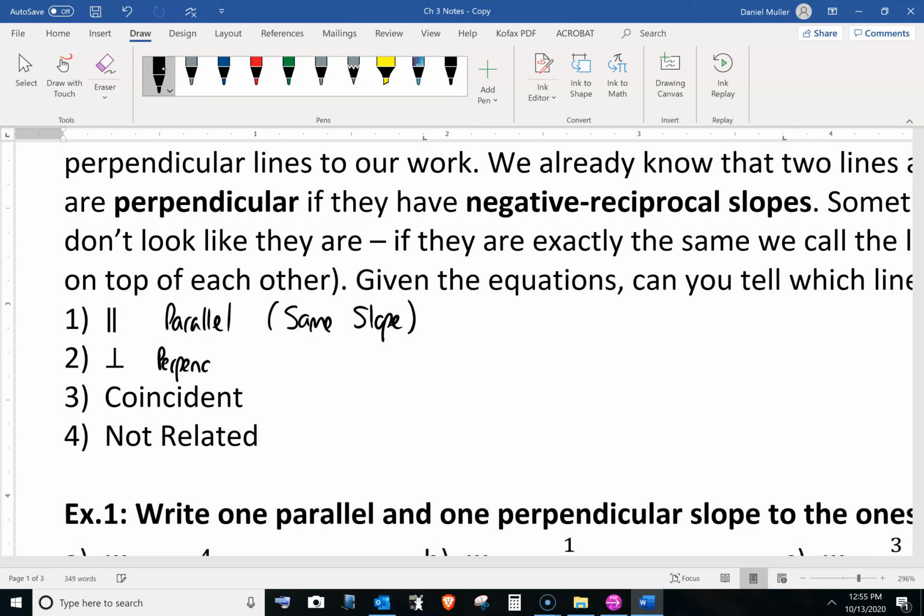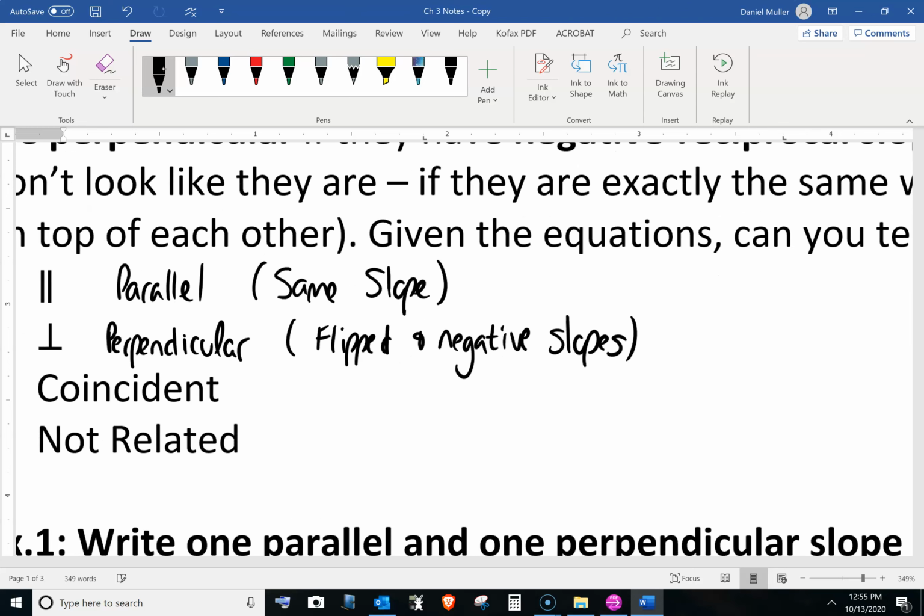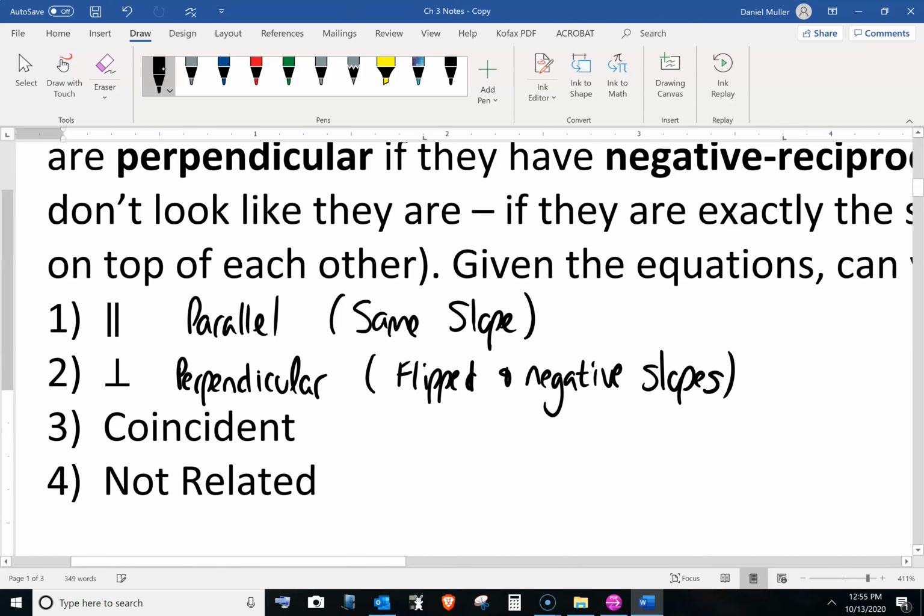It creates a 90-degree angle. Perpendicular. That's where it's the flipped. I don't know how to say this other than flipped and negative slopes.